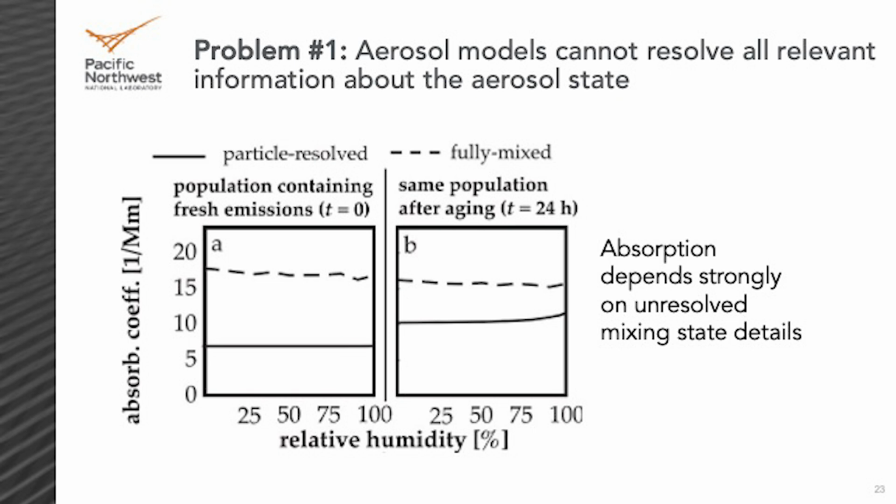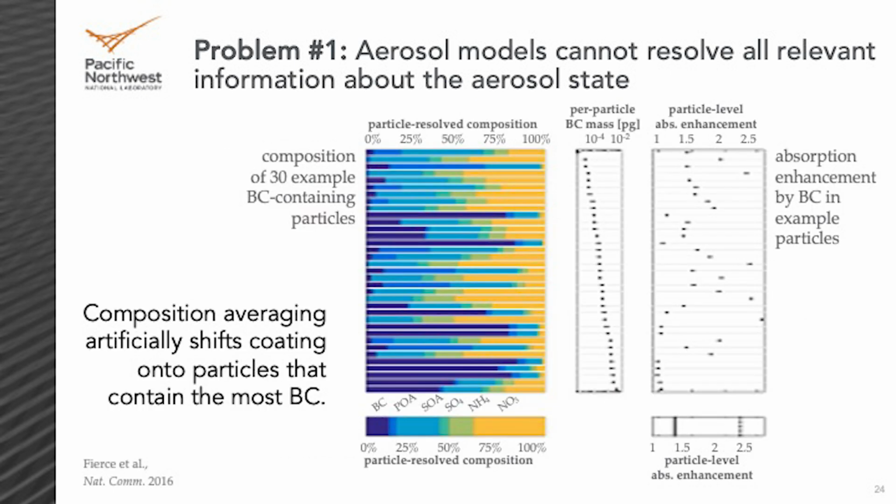We're focusing on aerosol cloud interactions today, but just briefly, black carbon's absorption depends on how much it's coated. If you have a coated black carbon particle, it absorbs more strongly than if the black carbon and the other stuff is in separate particles. So when you do this composition averaging, you artificially shift the coating onto the particles that contain the most black carbon and therefore are the most absorbing.